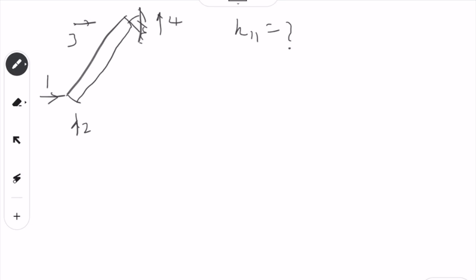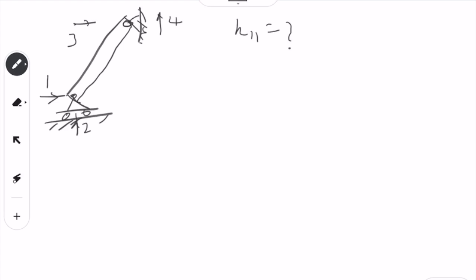Okay, and so 1 and 2 are fixed like this one, and here we want to fix 2 also, so that we can apply displacement in this direction, but fix in this direction and fix this also. So we will apply something like this, right? So a roller like this.